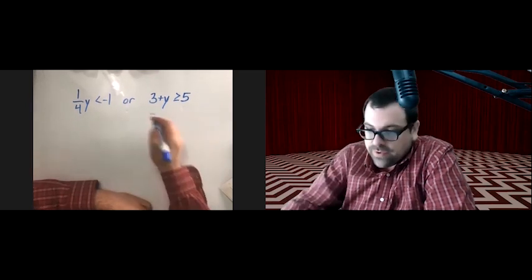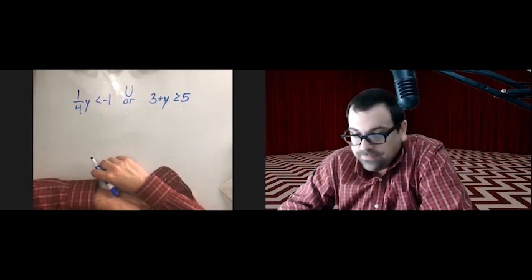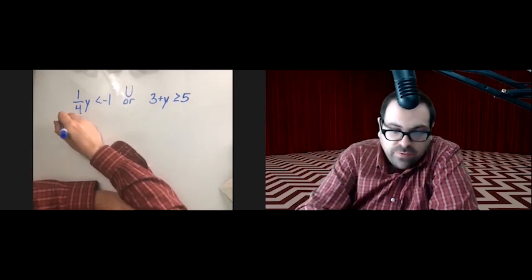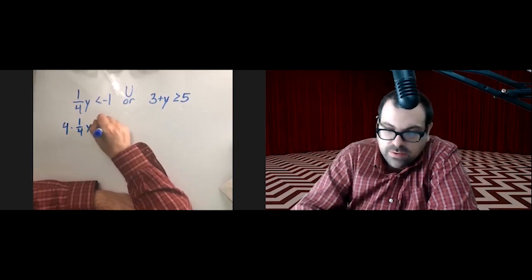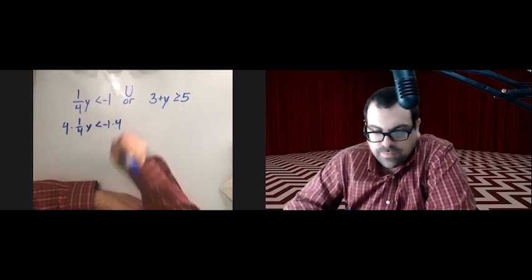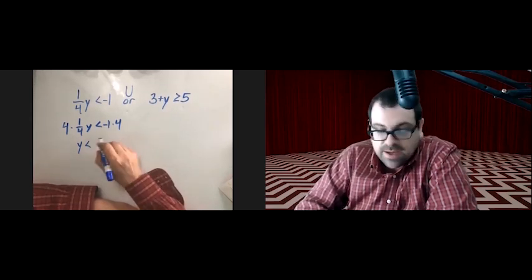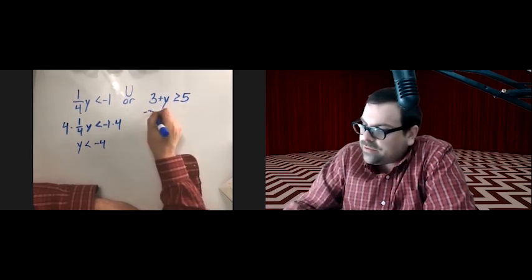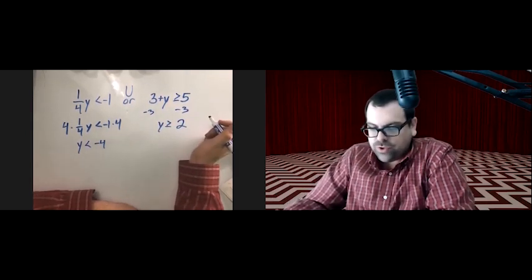Let's solve them both and then come back and deal with the fact that or is a union. To get rid of multiplying by 1/4, we would multiply both sides by the reciprocal, 4. So y is less than -1 times 4, which is -4. Over here, subtract 3 from both sides. y is greater than or equal to 2.